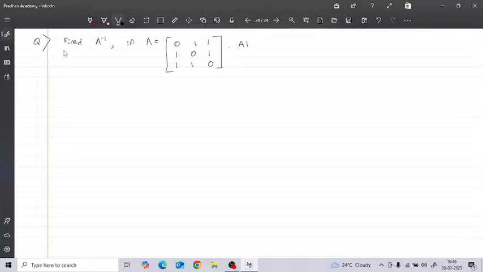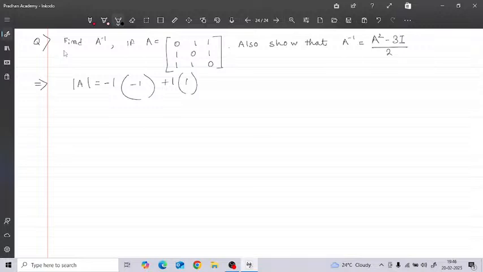Also, okay, so first find the determinant. Inverse exists.